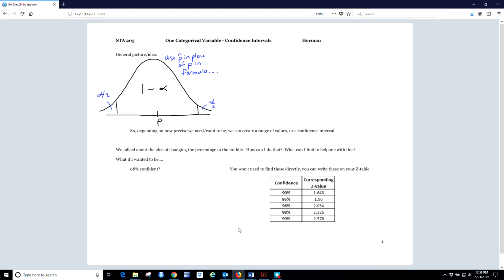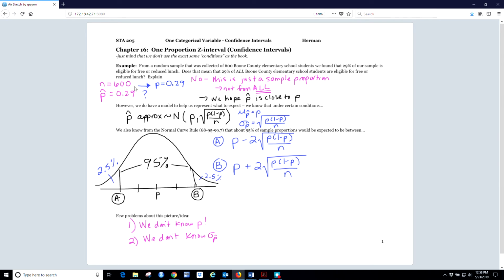Well, what I know is that P hat's going to fall somewhere down here on this picture. If you think about this picture in relation to our example, where would I put 29%? Well, I don't know if it's below or above P, so I can't really even place it on my picture, but it's going to fall somewhere along these lines.